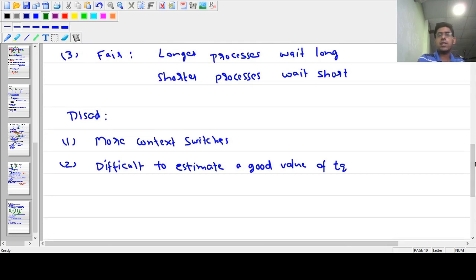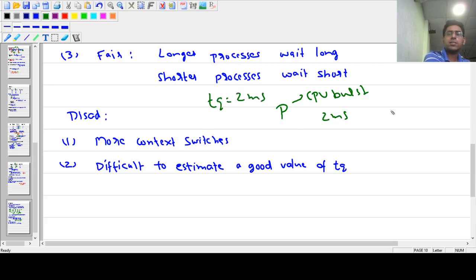So the disadvantage is a greater number of context switches. After that specific time quanta, say 2 milliseconds, each process, P for example, will be using the CPU for 2 milliseconds, and then again there will be a context switch.